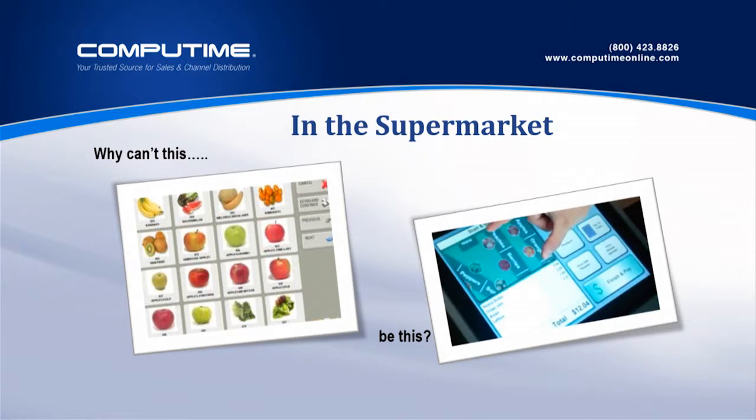So we do some what-if things. These are kind of my dreamy slides. These are the what-if or why not kind of slides. So if you look at the supermarket, I mean, we all know what it's like to go through the supermarket and you go through the checkout stand and you need to figure out what produce. I can never remember what produce. I couldn't tell you a Gala apple from a Granny Smith, from a Honeycrisp, whatever, right? I can't remember that, but I have to somehow either have the number written down or remember exactly what I bought.